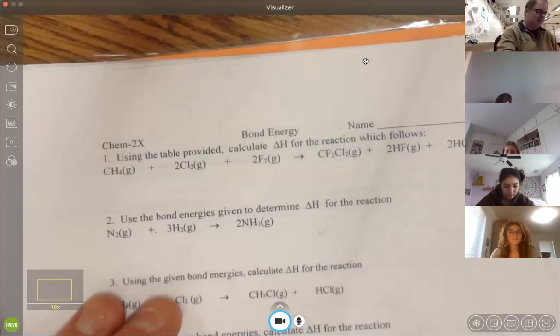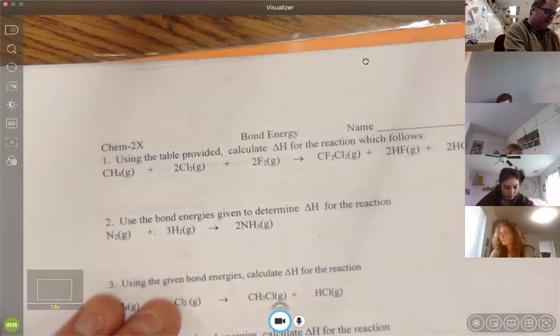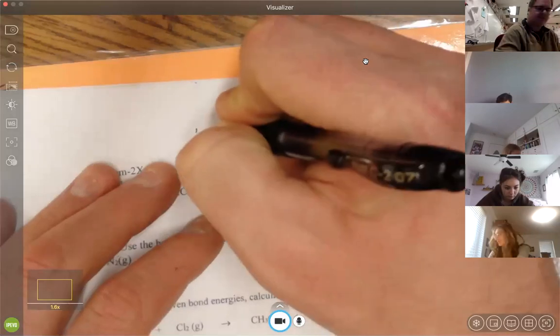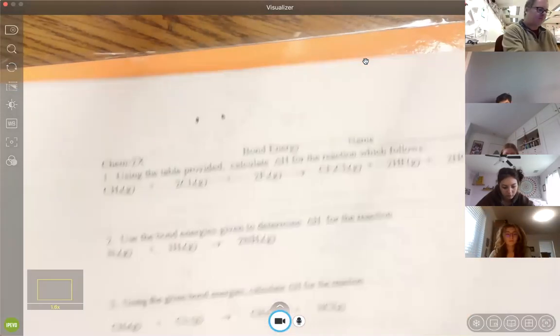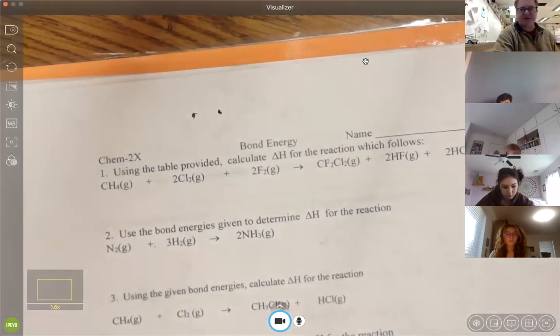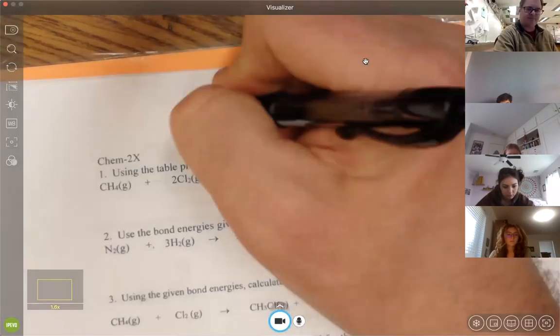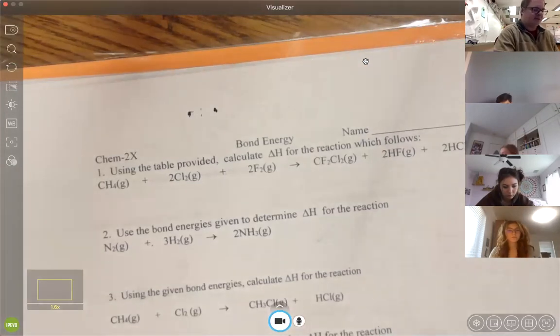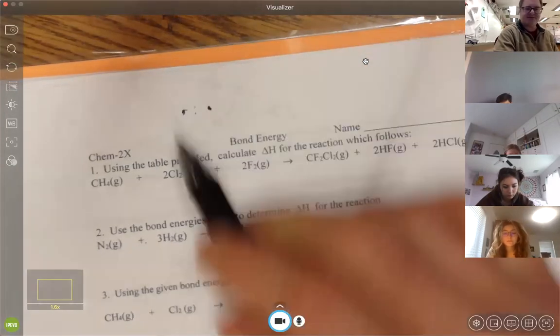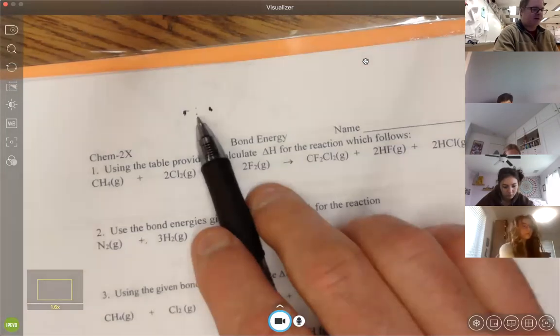If we look at a bond between two atoms, basically that is sharing of electrons, right? And these electrons, this is just the highest probable place for them to be. We call that an orbital.